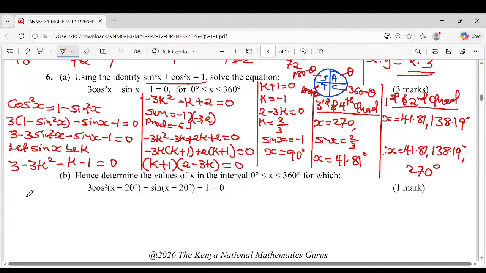Now let us focus on this part B. We are now going to relate part B to part A because they are using the term hence, meaning that there is a coexisting relationship.